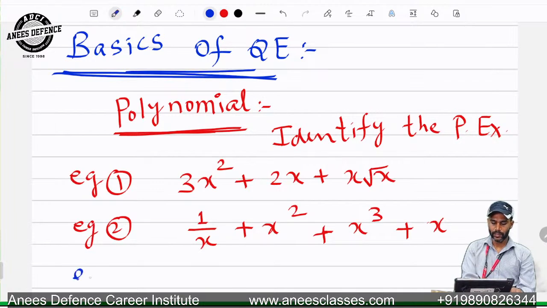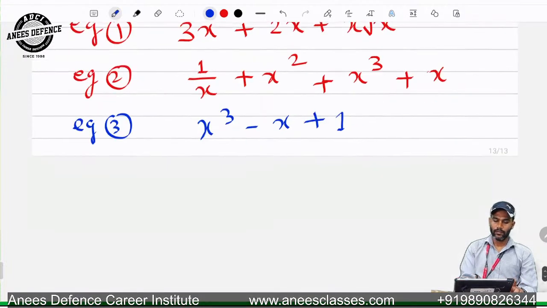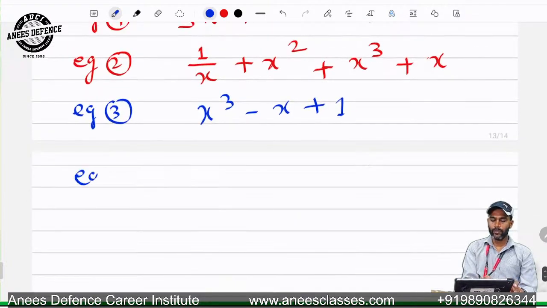Third one, example number 3: x cube minus x plus 1. Example number 4: pi.